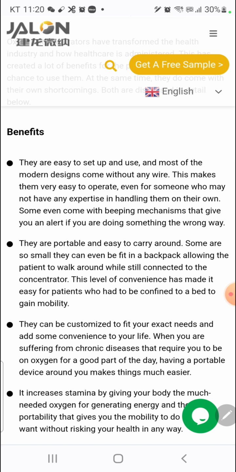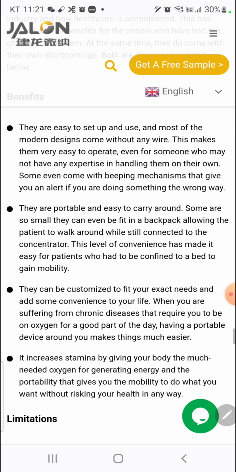This makes them very easy. Most of the modern designs come without any wire. You mean stationary? They are moving? They can be portable? They are portable. There you go. And easy to carry around.